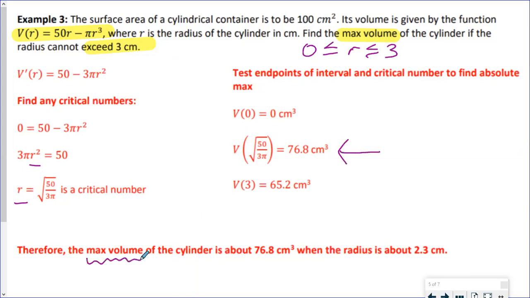So the maximum volume of the cylinder is 76.8 centimeters cubed, and that happens at a radius of about 2.3, because if I convert this on my calculator, the square root of 50 over 3 pi, that's about 2.3 centimeters. Okay, so this is a clear application derivative question that is related to engineering, manufacturing, anything like that.